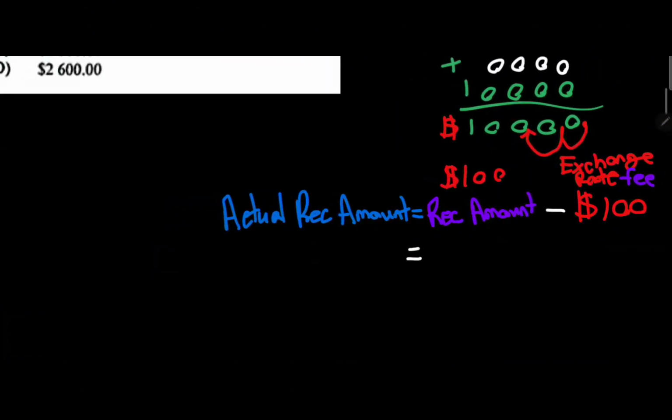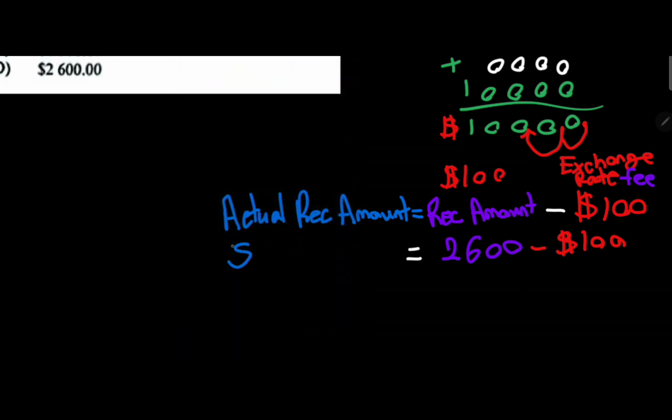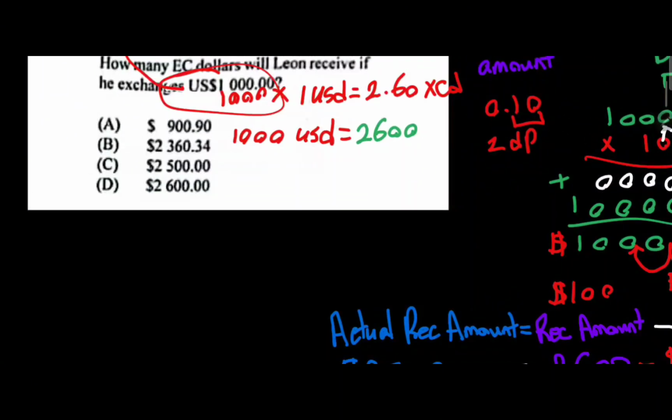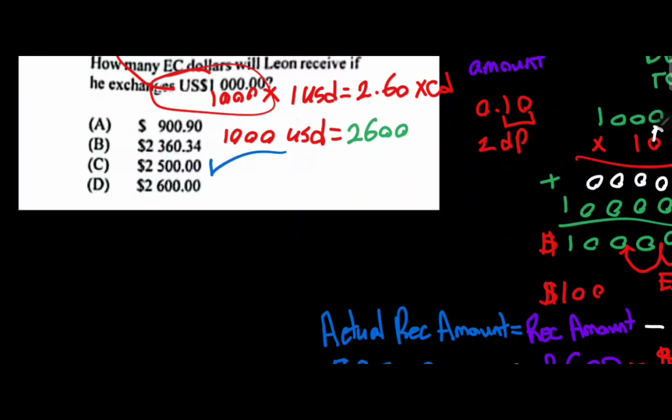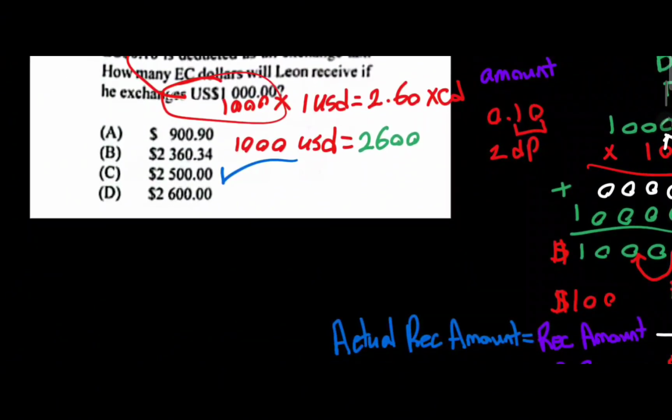That was supposed to be our receivable amount. So let's put that there, 2,600. But due to the deduction of $100, we're now going to end up with the actual receivable amount, which in this case is 2,500. So item 15 is option C.